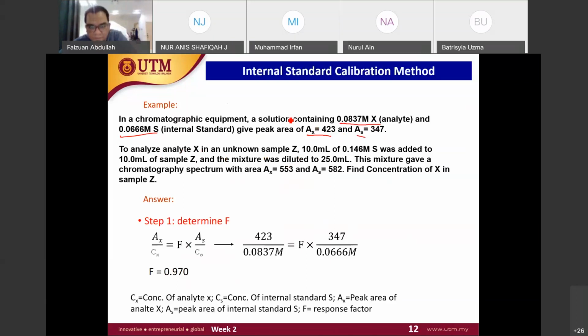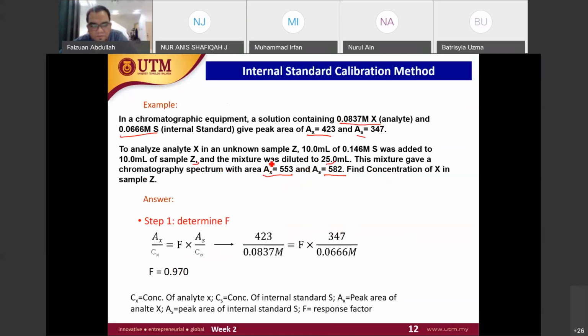Now the sample is Z, but we want to analyze X inside the Z sample. To analyze X in the unknown sample Z, 0.146 molar of S was added to 10 ml of sample Z, and the mixture was diluted to 25 ml. The chromatogram gives areas AX equal to 553 and AS equal to 582.